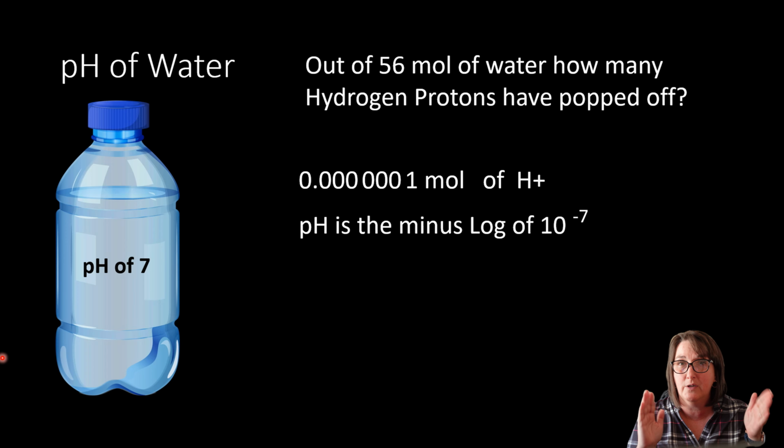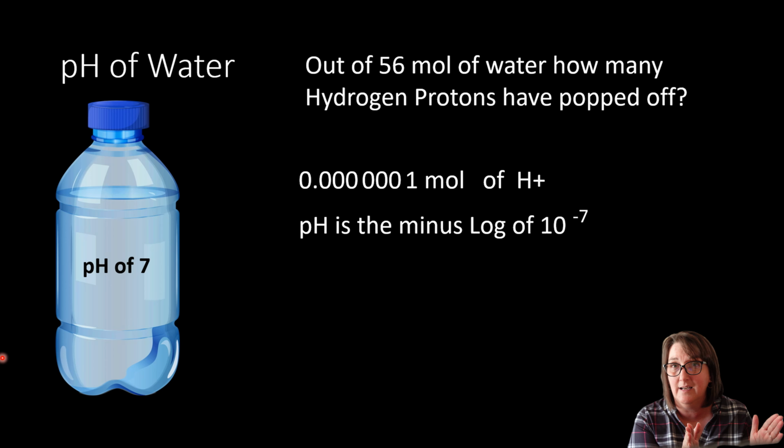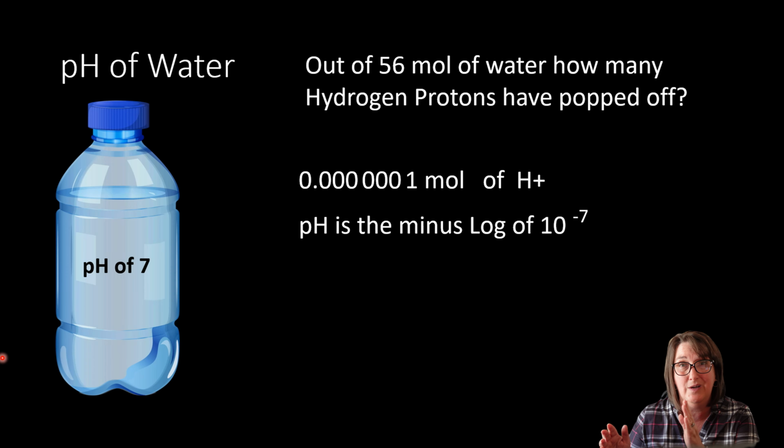My scale is from 0 to 14. If I'm between 0 and 6, I'm considered an acid. It means I have more hydrogen ions, H pluses, than I do OH minuses, hydroxides. If I'm more basic, which is between an 8 and a 14, that means I have fewer hydrogen ions, H pluses, and I have more hydroxides, OHs.